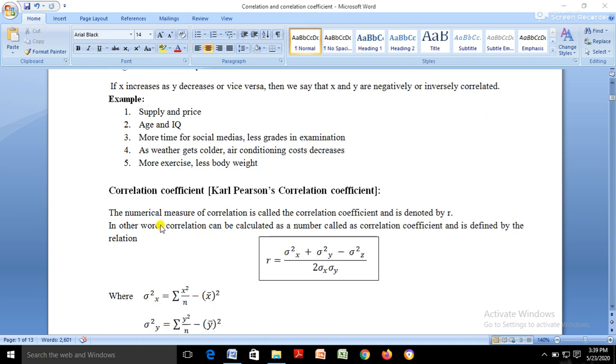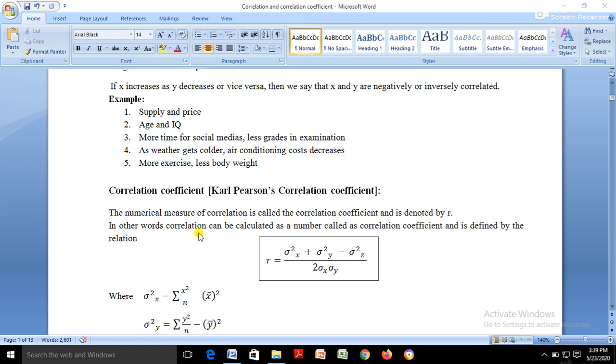Next one is the correlation coefficient, also called the Pearson correlation coefficient. It is defined as the numerical measure of correlation, and it is denoted by the small r.